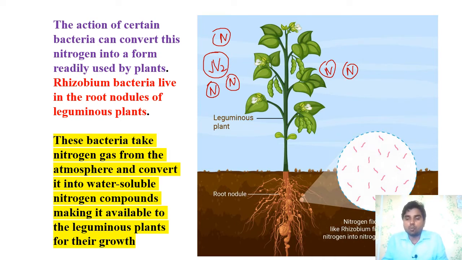So what would the plant do, or is there any organism present in the soil which makes this atmospheric nitrogen go into the soil? Yes, you are thinking in the right manner, students. Like we discussed in the previous class, there are some microbes present in the soil, and they are known as nitrogen fixing microbes.